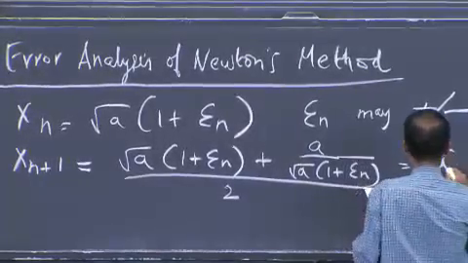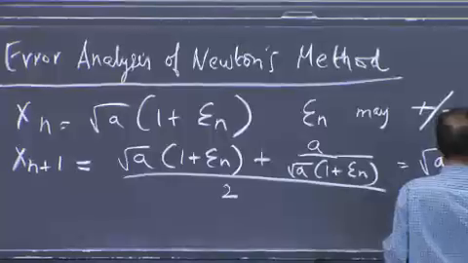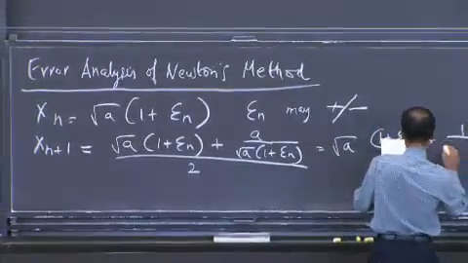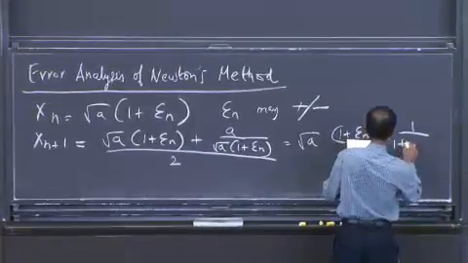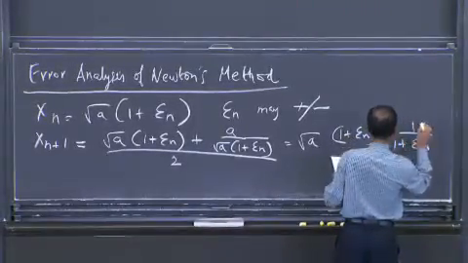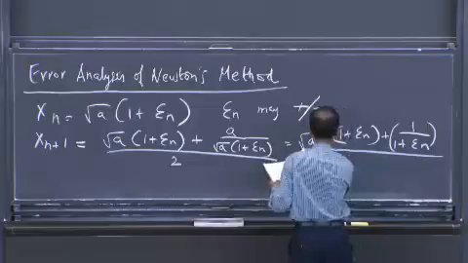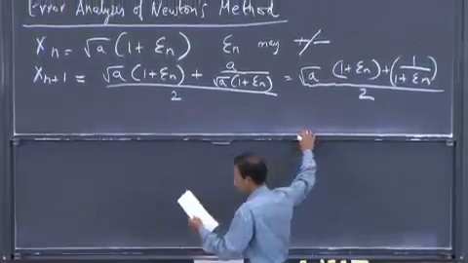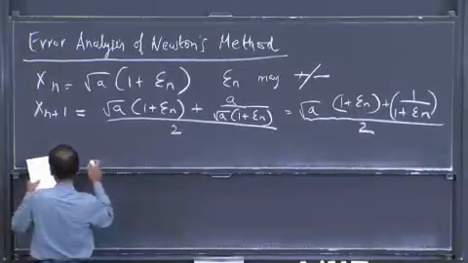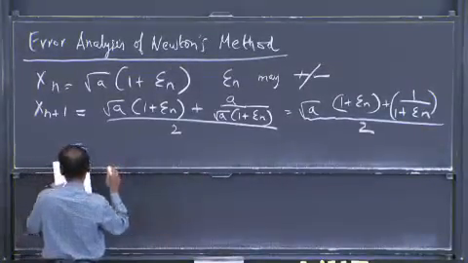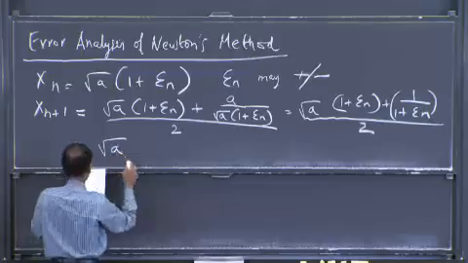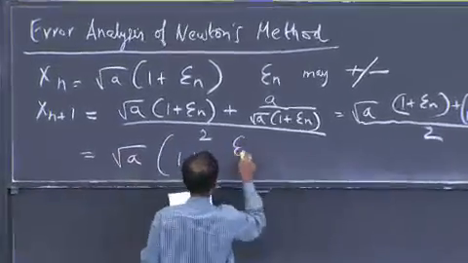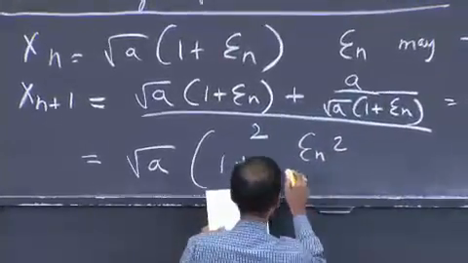You can pull out the square root of a here, then you'll have 1 plus epsilon n, plus 1 divided by 1 plus epsilon n over here, the whole thing divided by 2. If you keep going, there's one step that I'm skipping here in terms of simplification, but let me write this last result out.